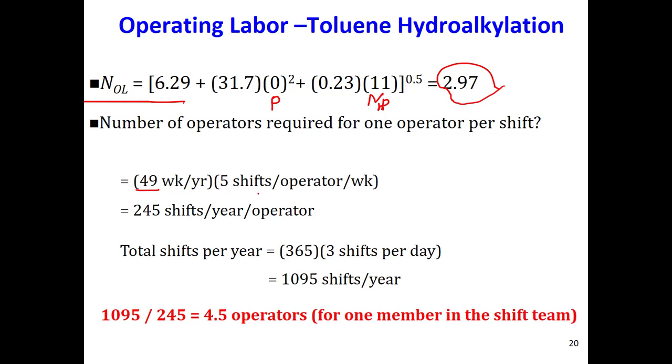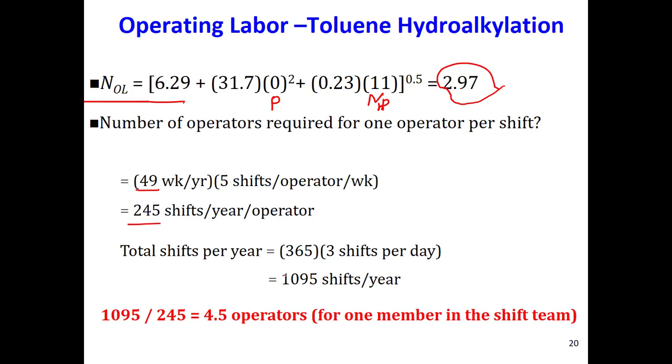So each operator works 5 shifts per week. Totally, how many shifts do we need? If you multiply this, we reach 245 shifts per year per operator. Each operator works this many shifts per year.